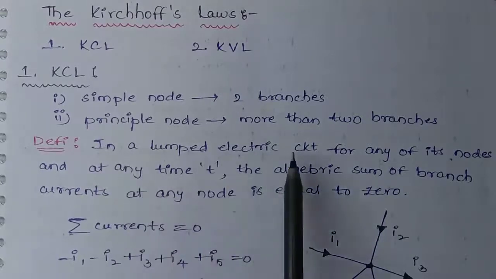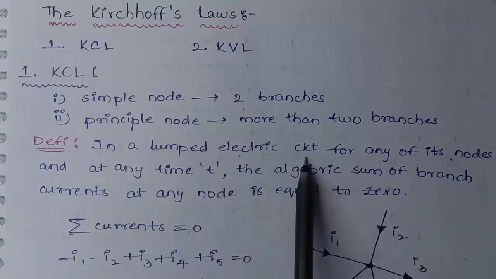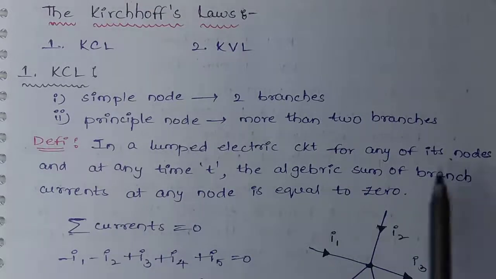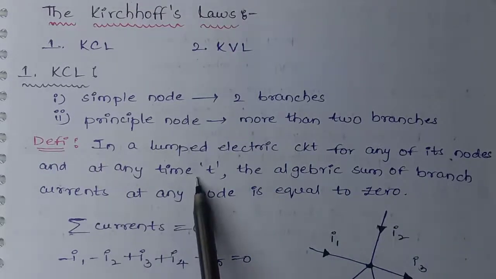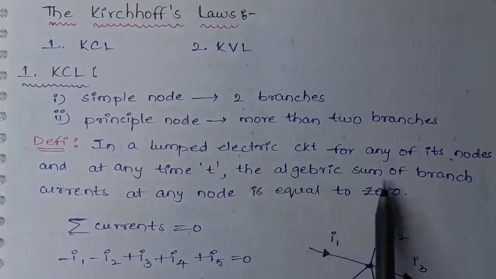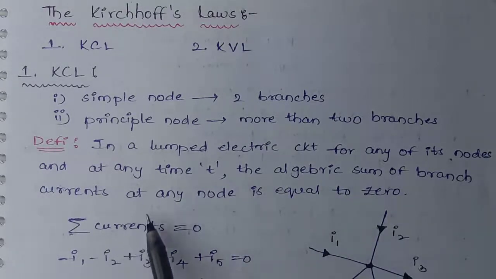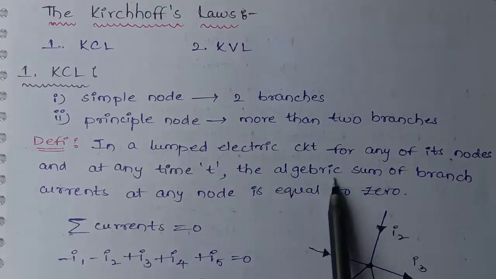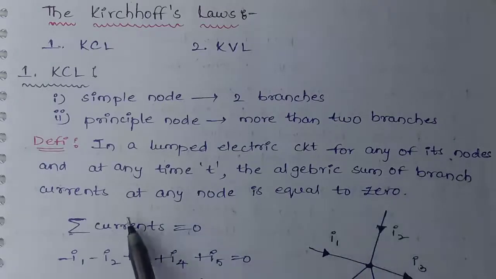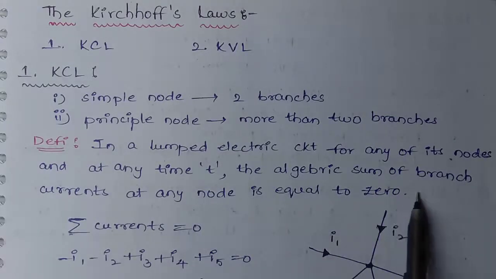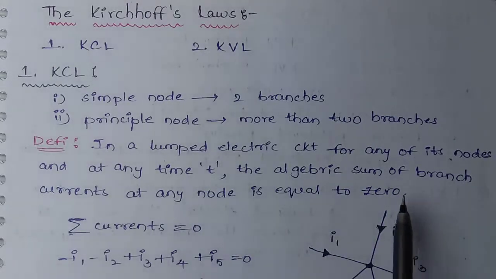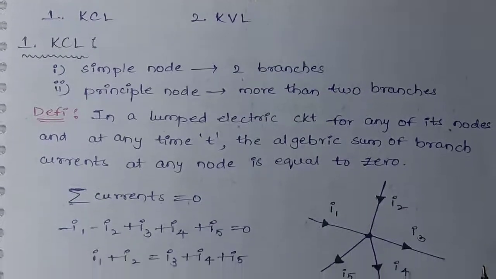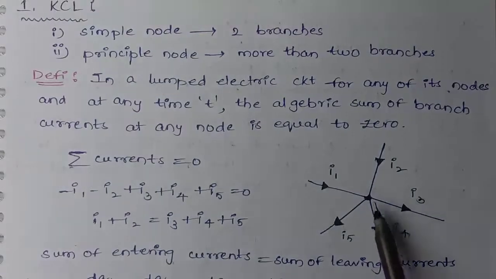In a lumped electric circuit, for any of its nodes, and at any time t, the algebraic sum of branch currents at any node equals 0. That means if we take any node, look at this diagram, this is a principal node.